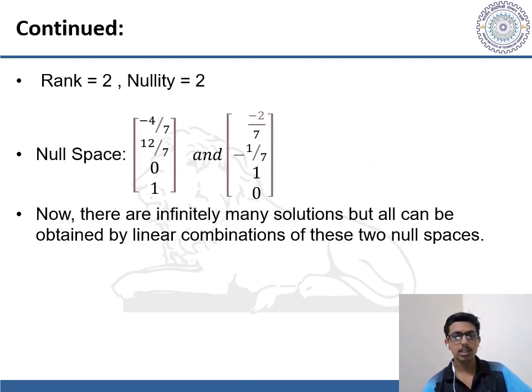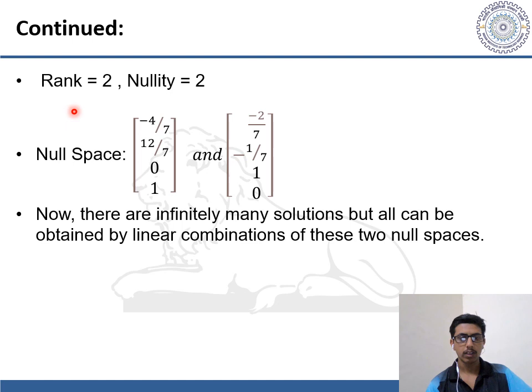As we have discussed in the previous slide, the number of linearly independent rows is 2, so the rank of this matrix is 2, and there are two basis vectors of the null space, so the nullity of the matrix is 2. Now here we can also verify the rank nullity theorem, that rank plus nullity is equal to the total number of columns.